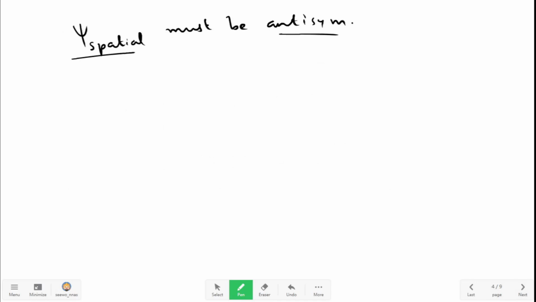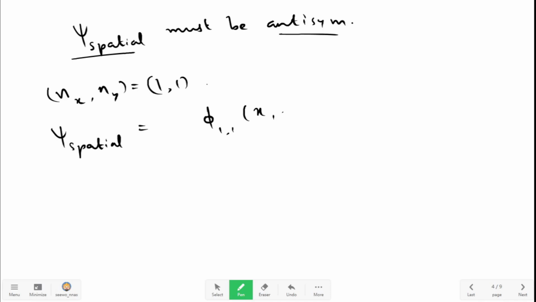Now if we place both the particles in the state nx ny equal to 1 1, then psi spatial will be of the form phi 1 1 x1 y1 phi 1 1 x2 y2, which is symmetric. This is symmetric, and it violates the Pauli exclusion principle.